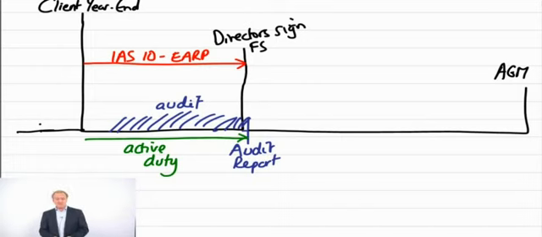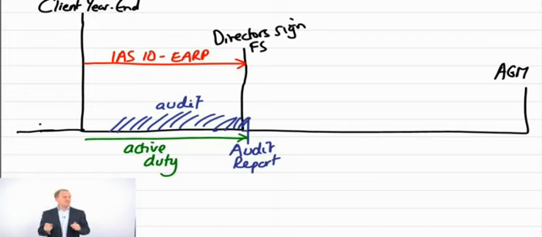So as an auditor, you have got to be actively auditing that time period in order to be checking the events happening after the year end, the EARPs, in order to assess whether they need to be adjusting or disclosed.